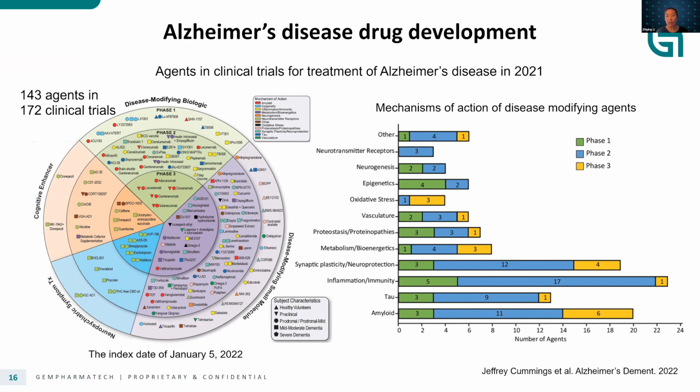On the right side, as you can see, in addition to the very prevailing tau and amyloid hypotheses, there are also other mechanisms of action that these potential disease-modifying agents can use to help Alzheimer's. For example, synaptic plasticity or neuroprotection action, or agents that can alleviate inflammation in the patients.